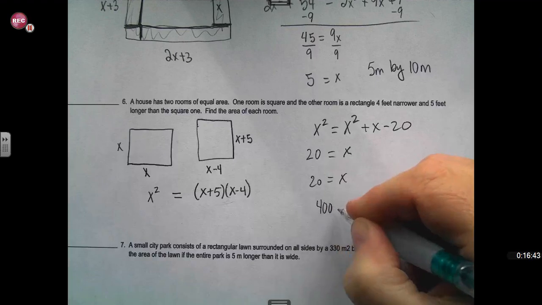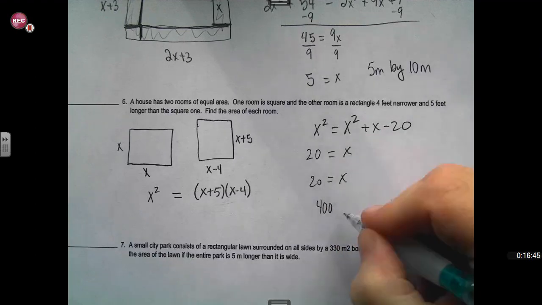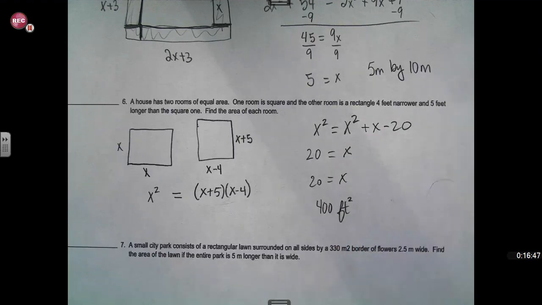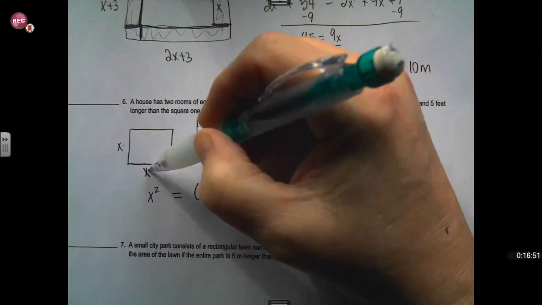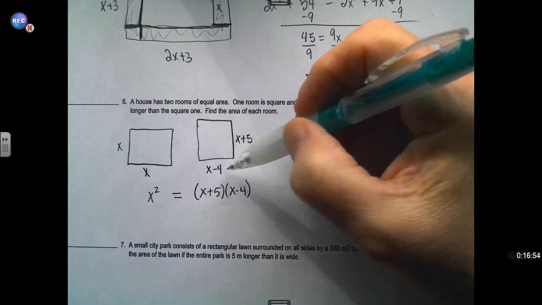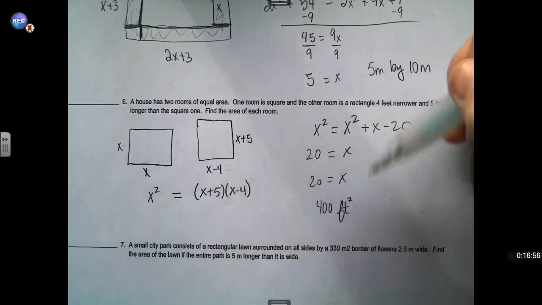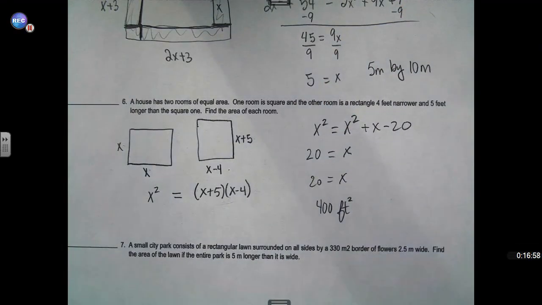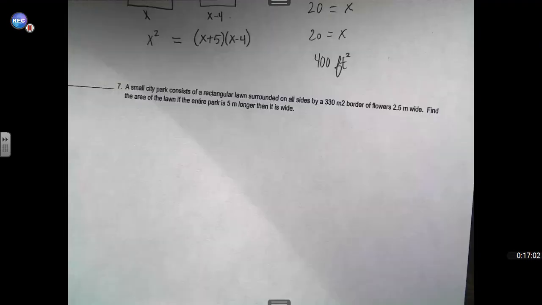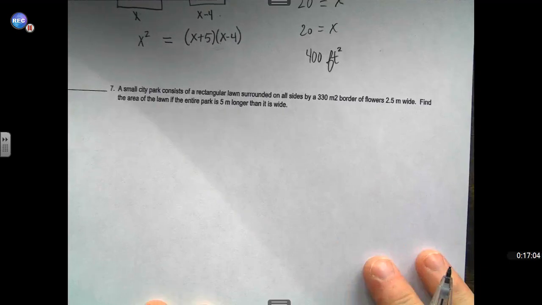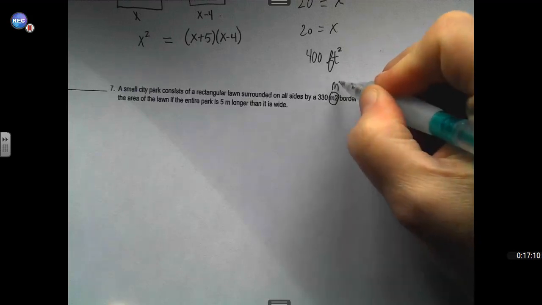So what's the area of each room? 400 square feet. Because 20 times 20 is 400, or 25 times 16 is also 400. 400 square feet. And the last one. Small city park consists of a rectangular lawn surrounded on all sides. That's supposed to be square meters, meters squared.